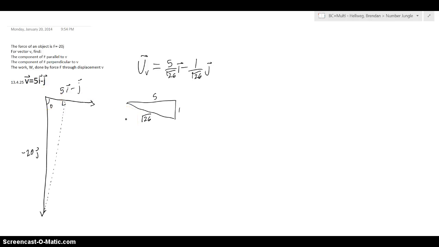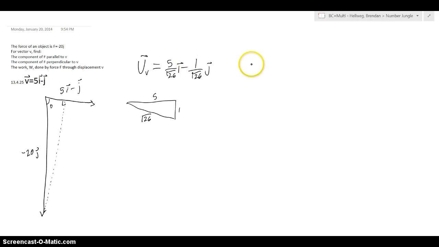So what I just found is the unit vector parallel to V. Now, I'm later going to need the unit vector perpendicular to V, so let's get that out of the way now. We know that the two of them dotted with each other will equal 0, so I'm just going to put in the reciprocals, or the opposites rather.